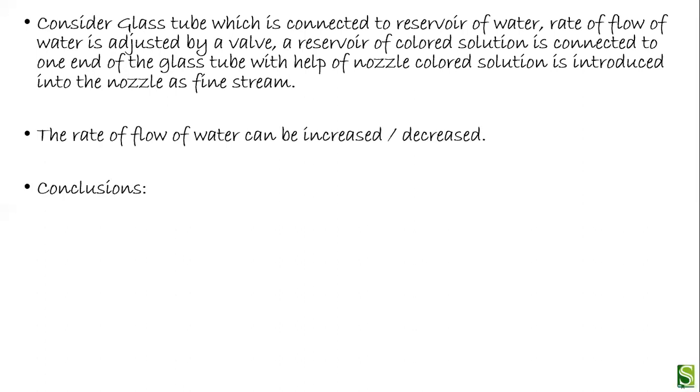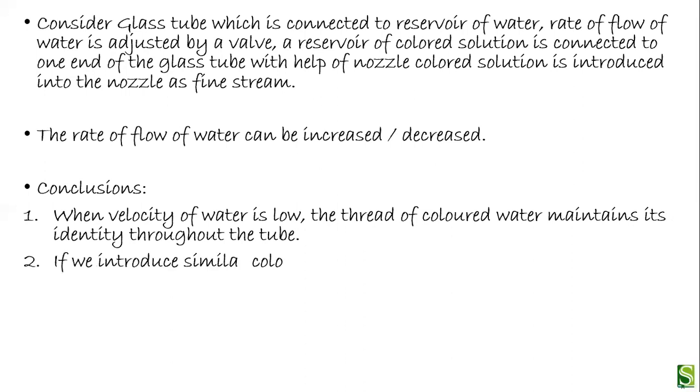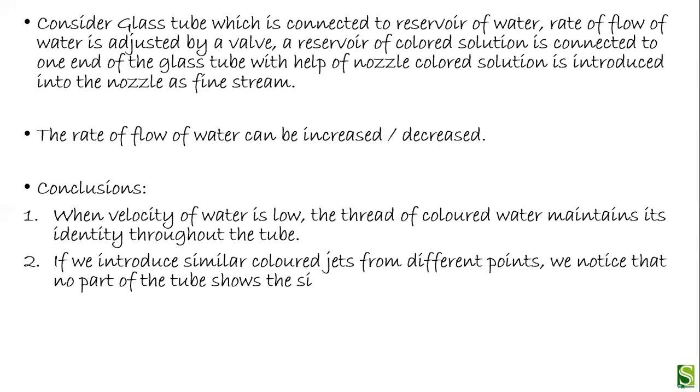Okay, so you can draw conclusions. The first is, when velocity of water is low, the thread of colored water maintains its identity throughout the tube. If we introduce similar colored jets from different points, we notice that no part of the tube shows signs of mixing.